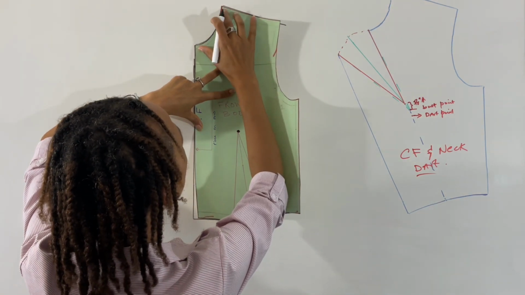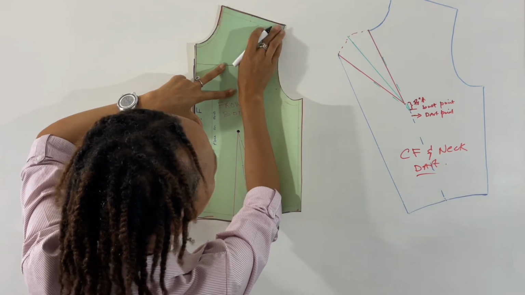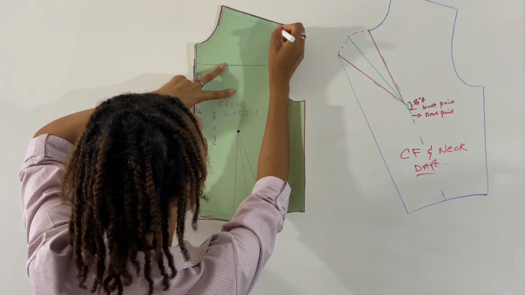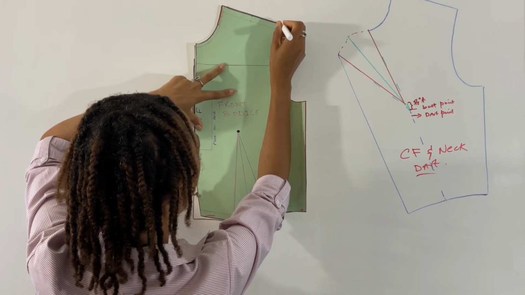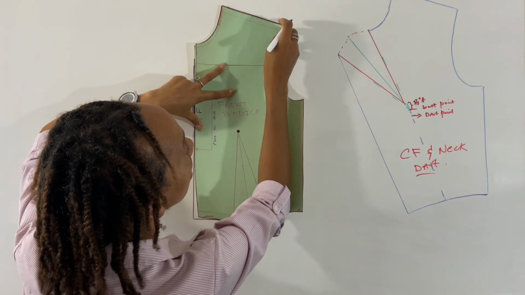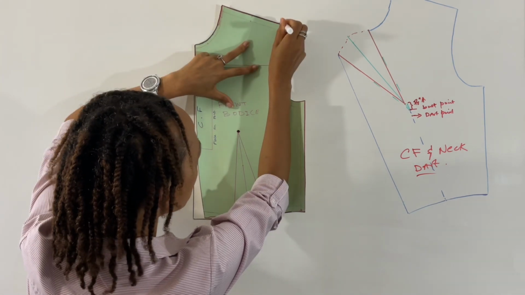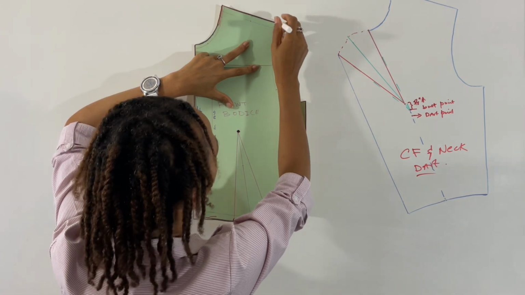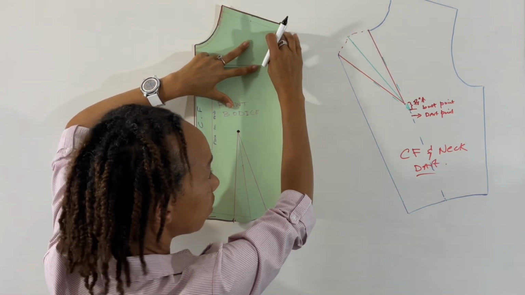And right here, because guess what, guys? This is a pattern I'm using and not a sloper. So this would be the point right here. So you can do it right here that you need to place it, because that's where it's going to be when you're doing the manipulation, okay? So right at the tip here, all right? So right here at the shoulder point, that's where it's going to be.